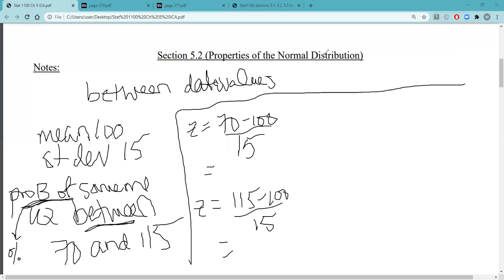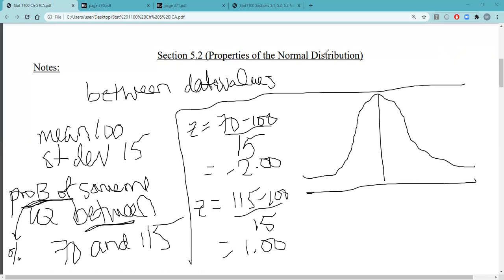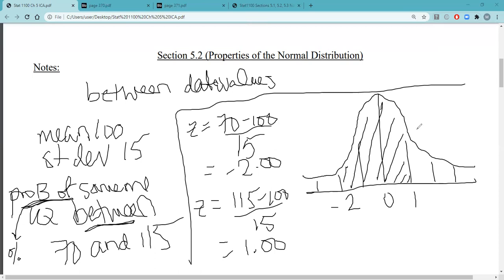And I can see now that I'm looking between -2 and +1. So I'm looking for the probability of lying in that region. It might seem complicated at first, right? But let's go ahead, and I'm going to use different colors here.